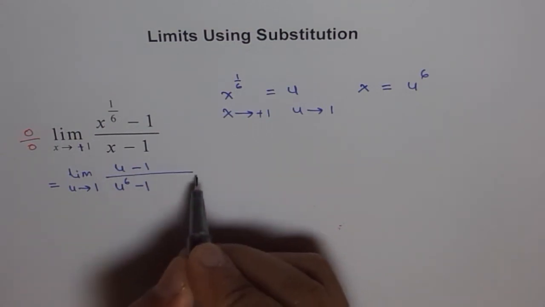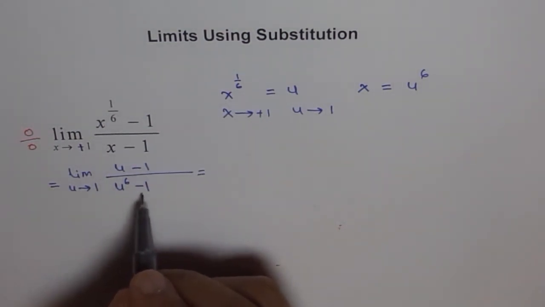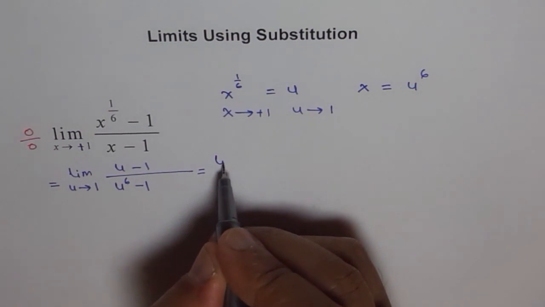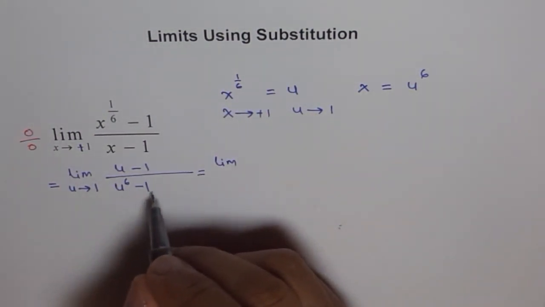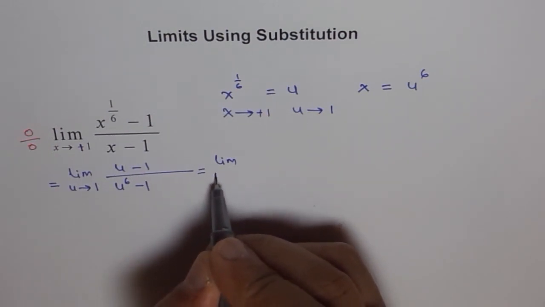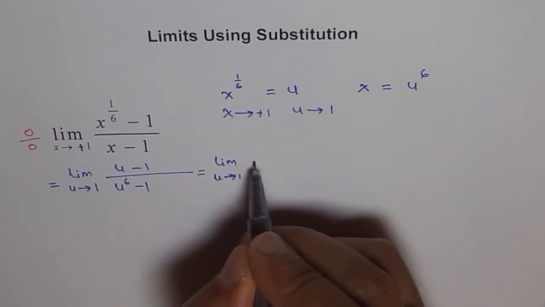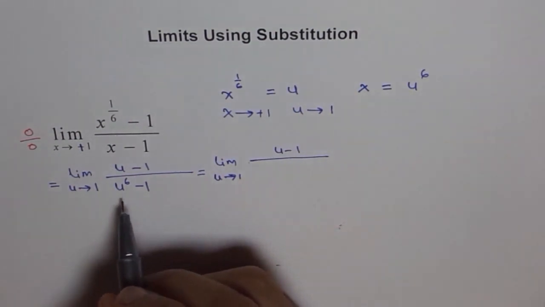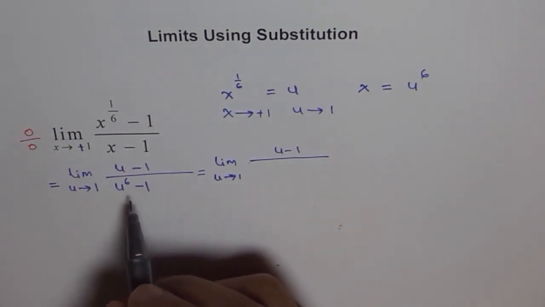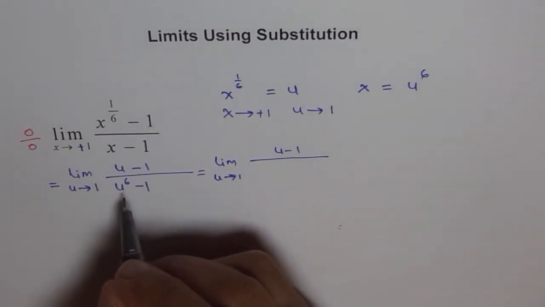Once you do this, then you can actually expand the denominator, correct? It is kind of like u cubed minus 1. So we'll expand this and we get u minus 1 here, and the denominator you could think of as a difference of cubes, right?